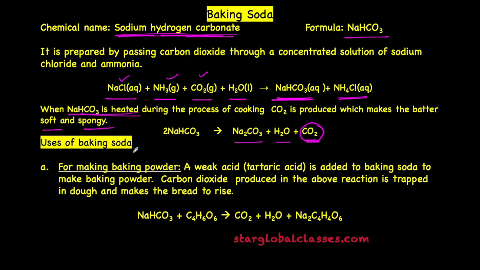Uses of baking soda. Where do we use this baking soda? Number one, for making baking powder. What is the difference between baking soda and baking powder? Baking soda is NaHCO3, and baking powder is baking soda with a weak acid, tartaric acid, which we obtain from tamarind, added to it.